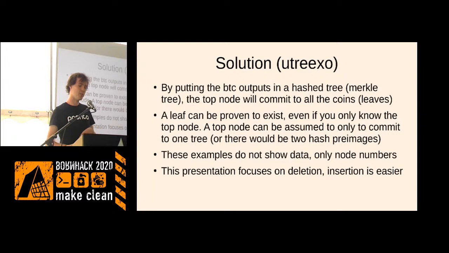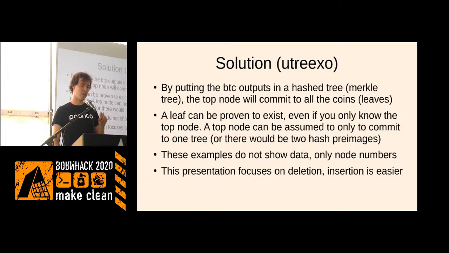You will see some pictures later, and you will understand that. And it's a Merkle tree, right? So every node is hashing its children, and I will show you this too now. And as I talked about, you can prove that an element exists just by providing the path down the tree.